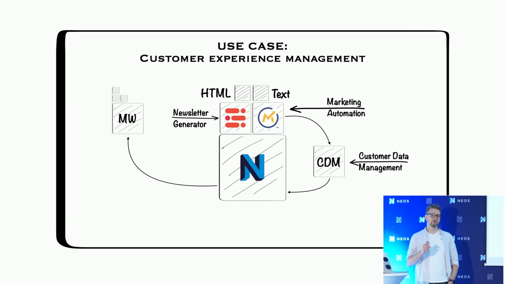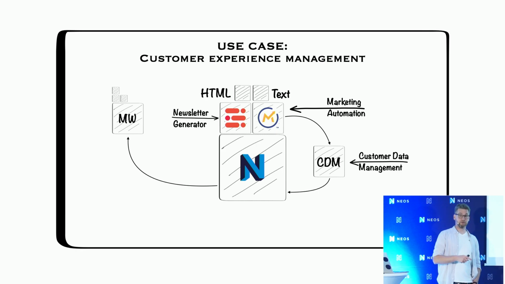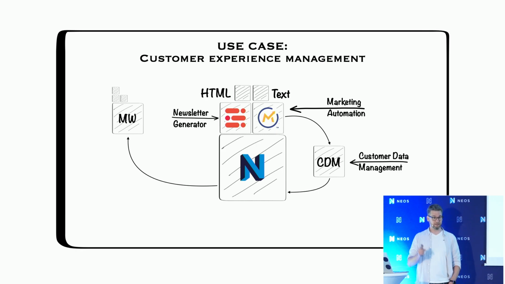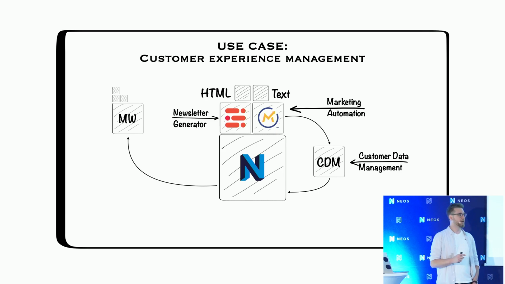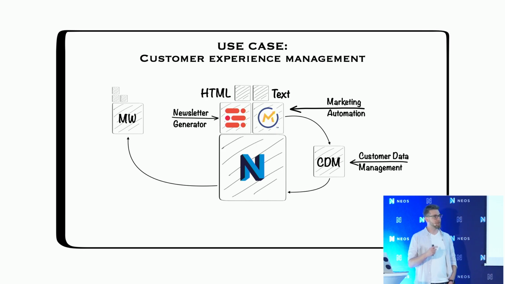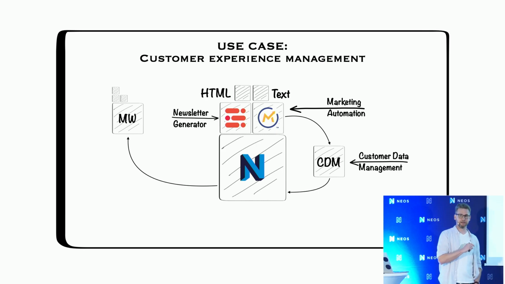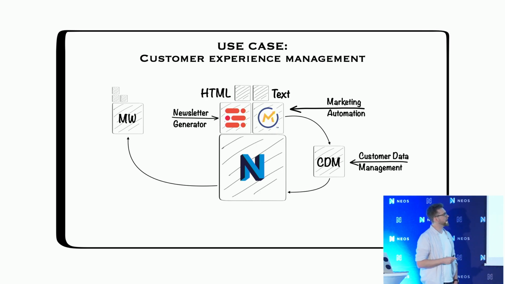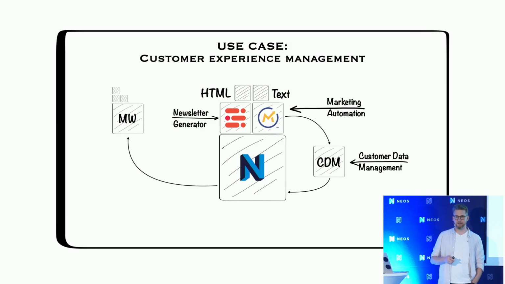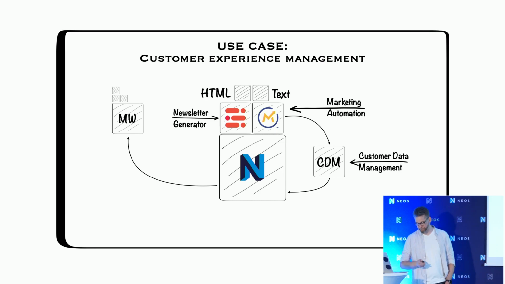So you could use Neos, where you have all your content and all your settings and all your assets and everything, and create an MJML template that will be rendered as a newsletter and sent via a third-party system. In this case, again, it's Mautic, where you take that freshly produced template, you feed it via API to Mautic, and Mautic will take care of sending it out to the world.